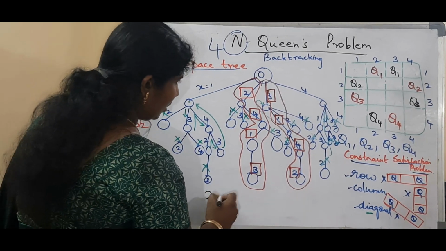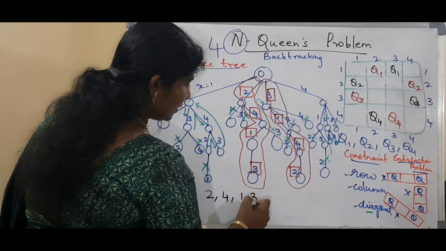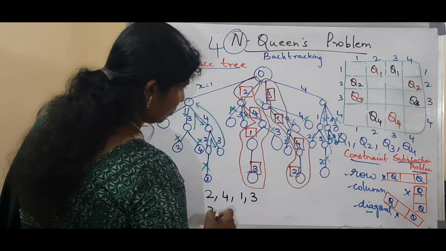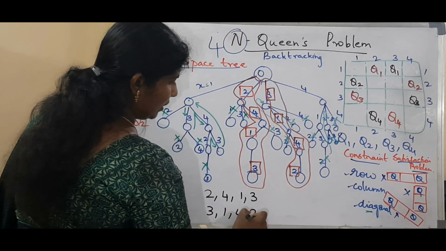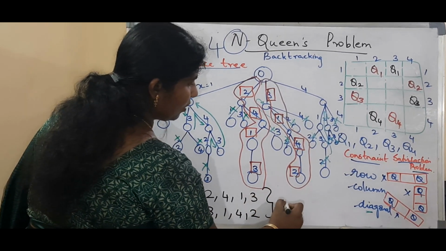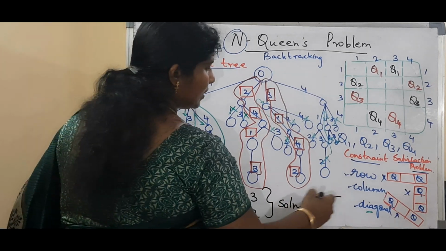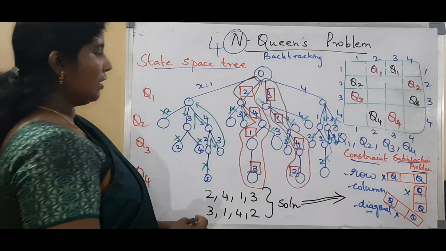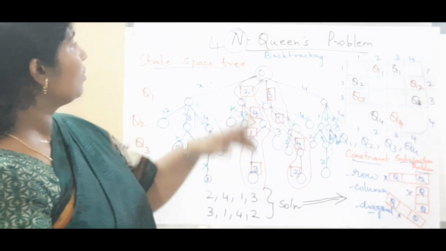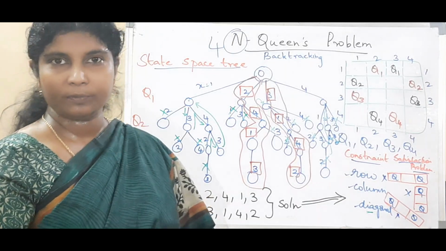We have got this as one solution, and the next solution was this. These are the two solutions satisfying these constraints for the 4 queens problem.